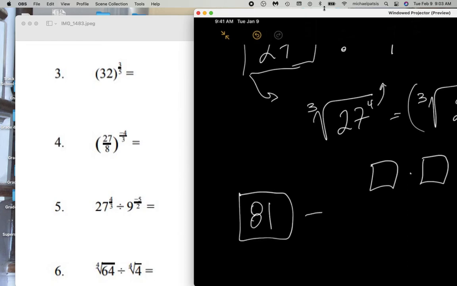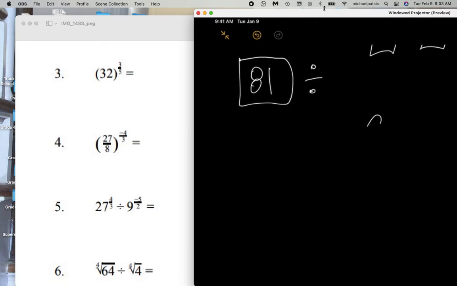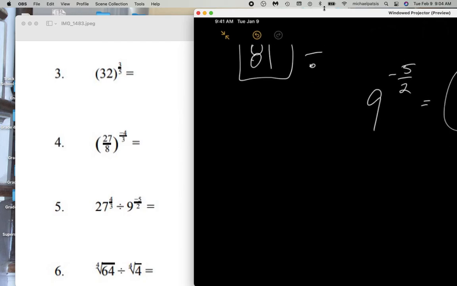Divided by, let's take a deep dive into 9 to the negative 5 halves. This can be written as 9 over 1 to the negative 5 halves. What do we do with the negative exponent? We flip what's inside. It becomes 1 over 9. We change the exponent to positive, and we apply the power rule. 1 to the 5 halves is going to end up being 1.